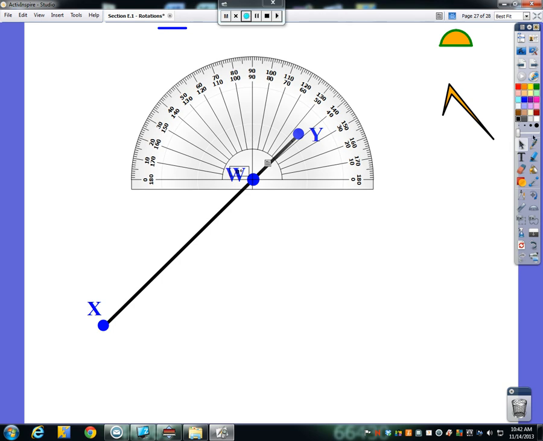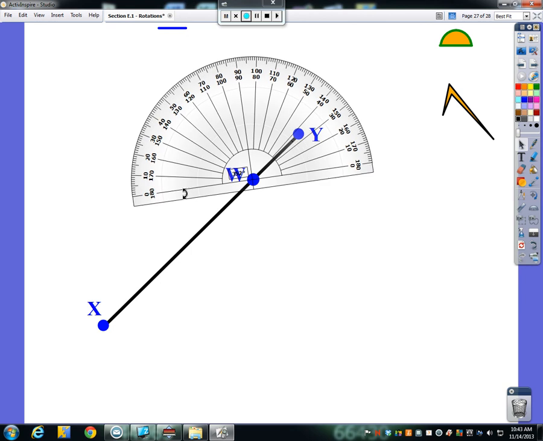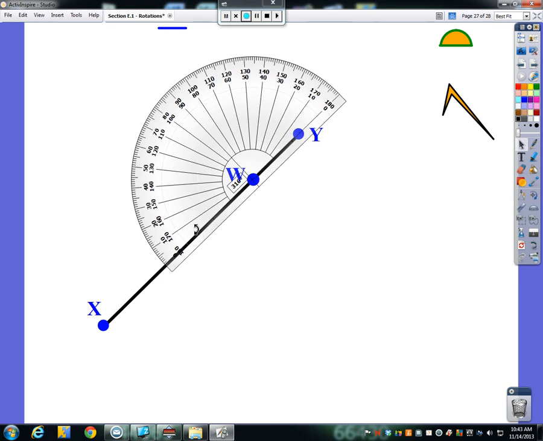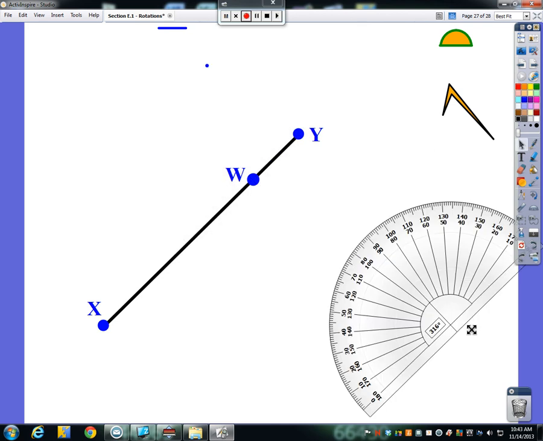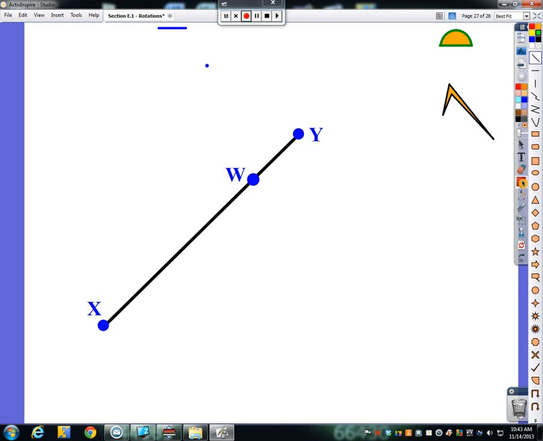There we go. Okay, and then I need to put the 0 on Y. And a protractor set up to be going in the right direction, counterclockwise. So now 68 degrees. Let's see. There's 65, 6, 7, 8. Okay, so we're done with the protractor for now.